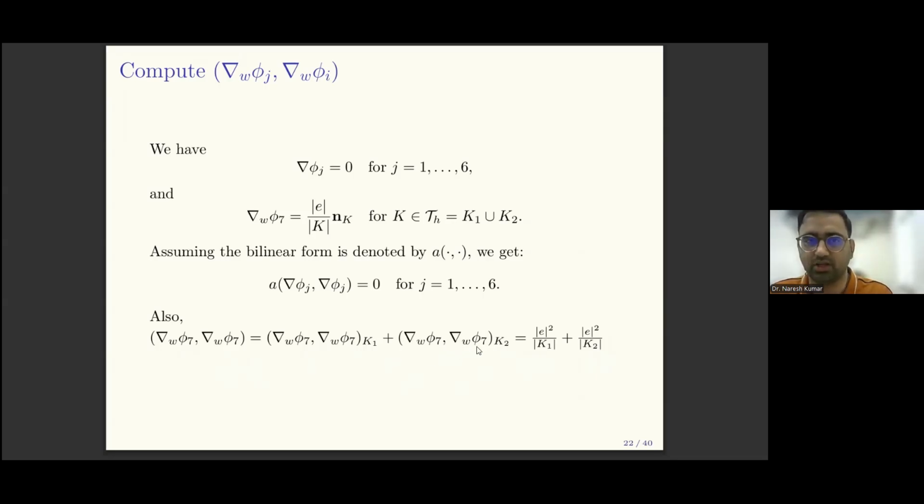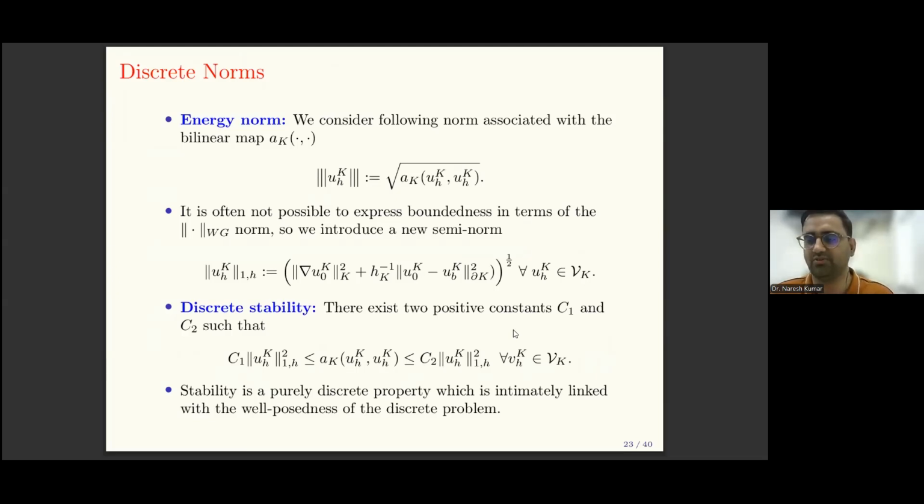And now I just briefly explain some analysis part also. For the analysis part, basically we have to define some norm also for the Galerkin space, because we define the Galerkin space V_H, then on the Galerkin space we will define that norm.